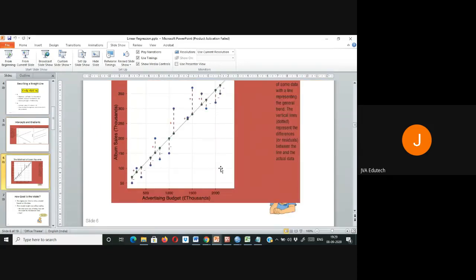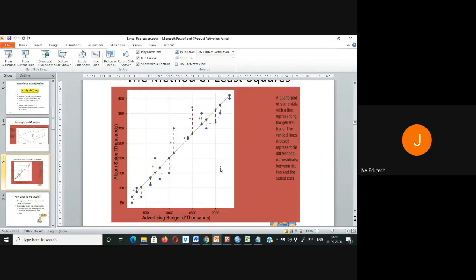Now let's say there is a situation where the owner of a company, who is in the music industry, is interested in knowing: if they spend a particular amount on an advertising budget, are they able to predict the sales, the number of albums, on the basis of that advertising budget?